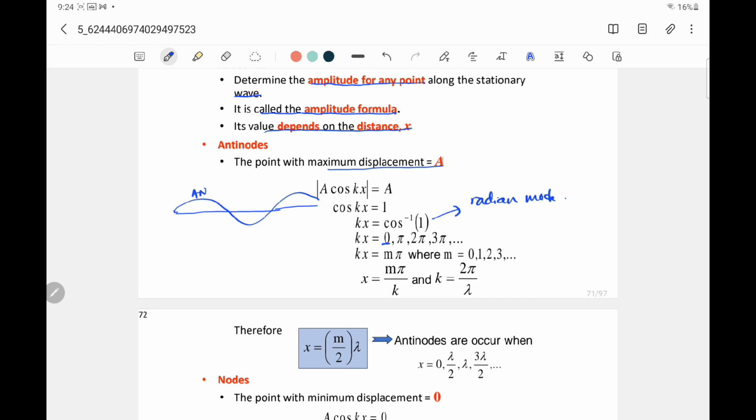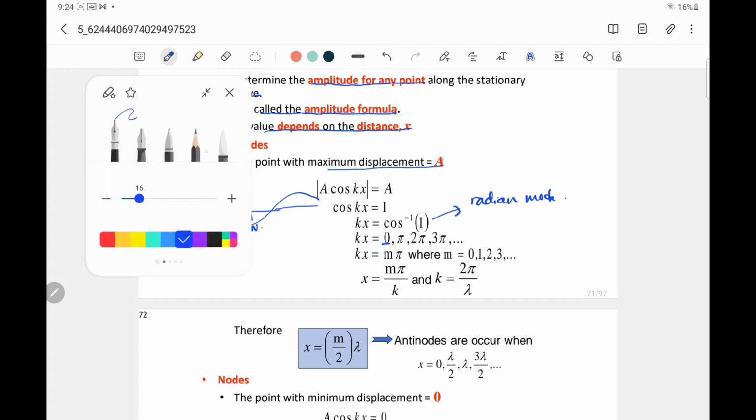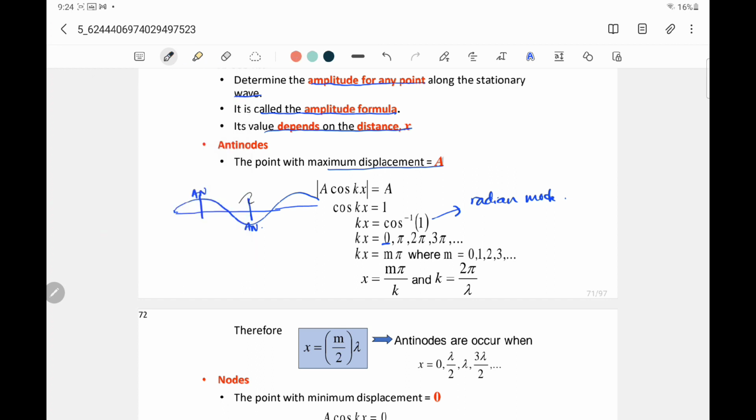Antinodes is here. This one is also called an antinode, where the distance between antinode and antinode is pi radians. That's why 0 plus pi, plus another pi we have 2 pi, and 2 pi plus pi we have 3 pi.